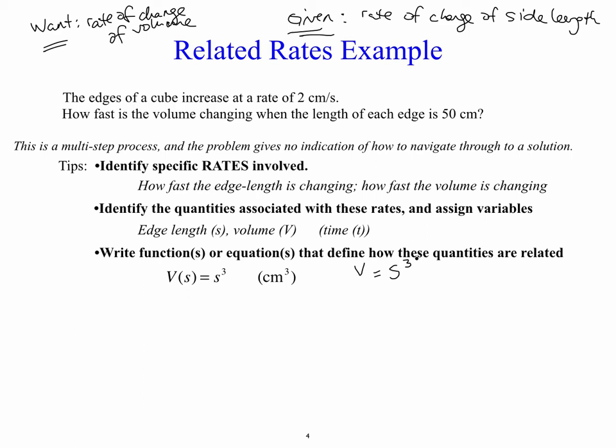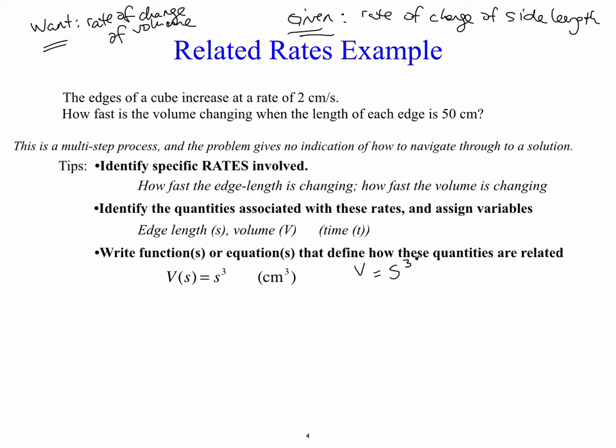So yes, volume is a function of side length, but side length is a function of time, so the implication is that volume is also a function of time, when you look at that composition. So to decomplicate the situation, I'm going to just write V equals S cubed. So now we have a formula relating the quantities.